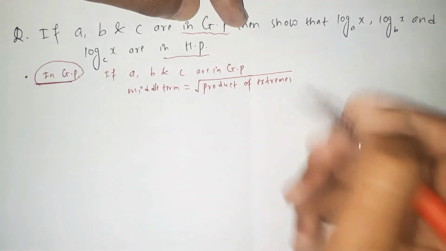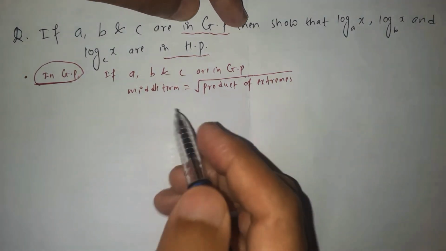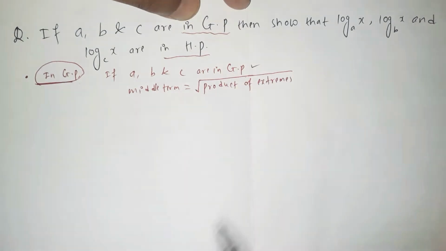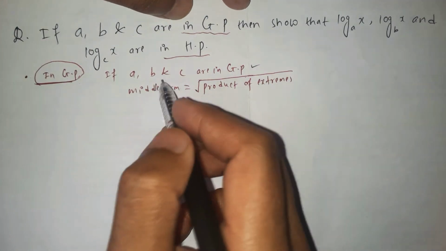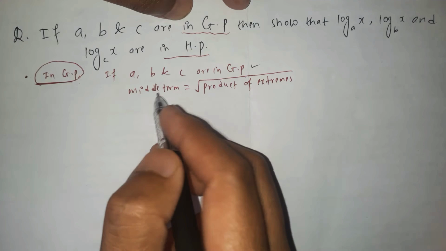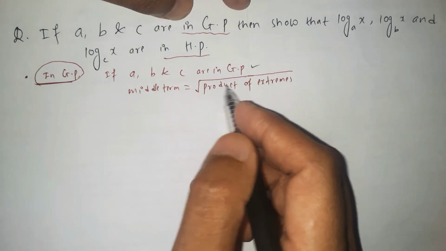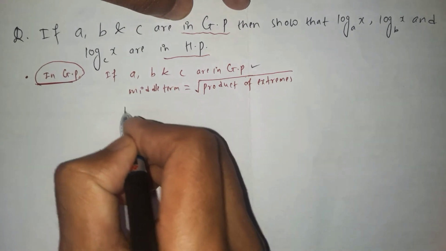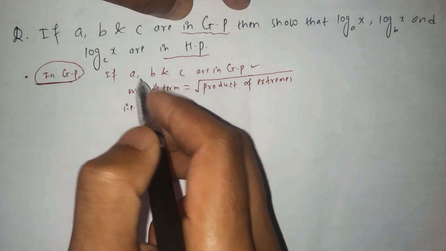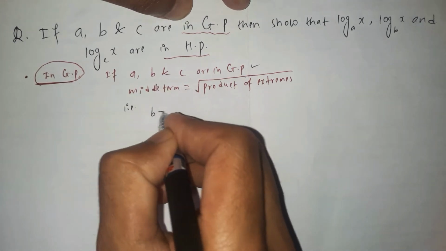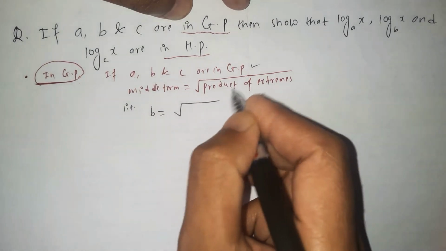Please remember this very important relation when three numbers are in geometric progression. If three numbers A, B, C are in geometric progression, then the middle term will be the square root of the product of the extreme terms. That is, in case of A, B, and C, the middle term is B. B will be the square root of the product of the extremes.